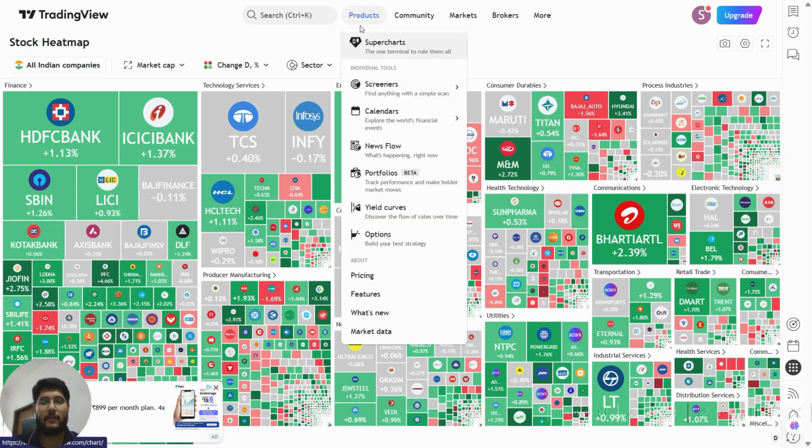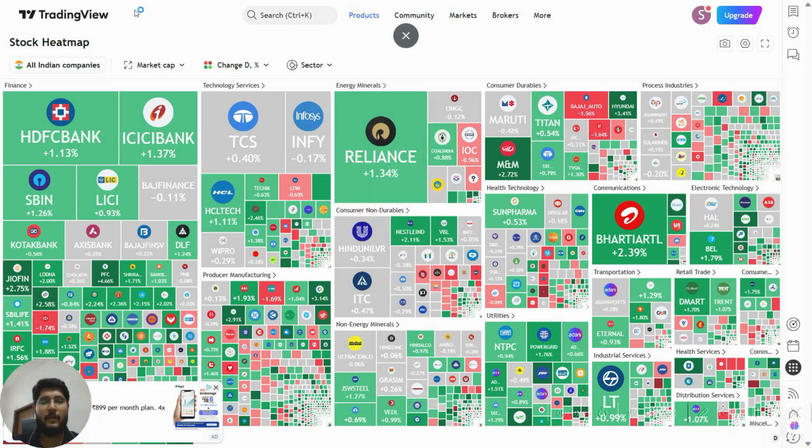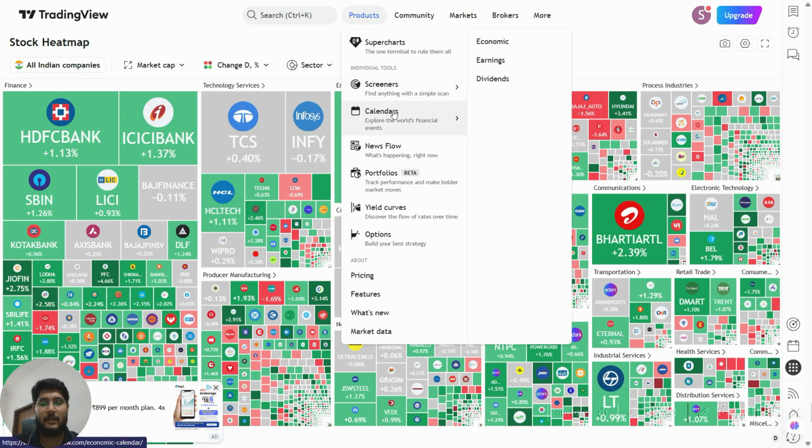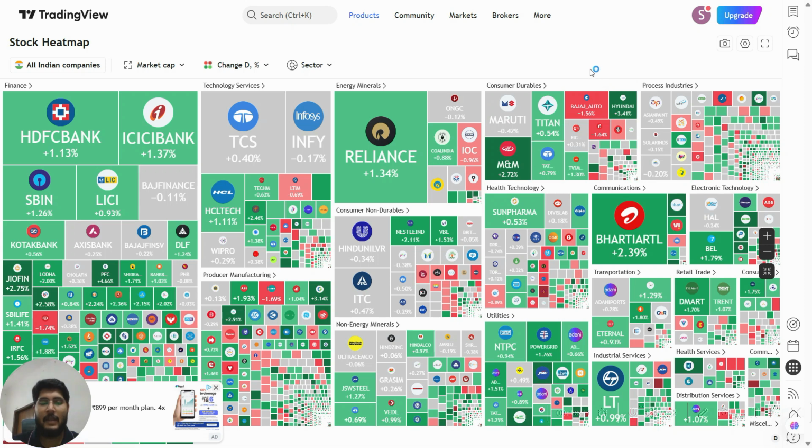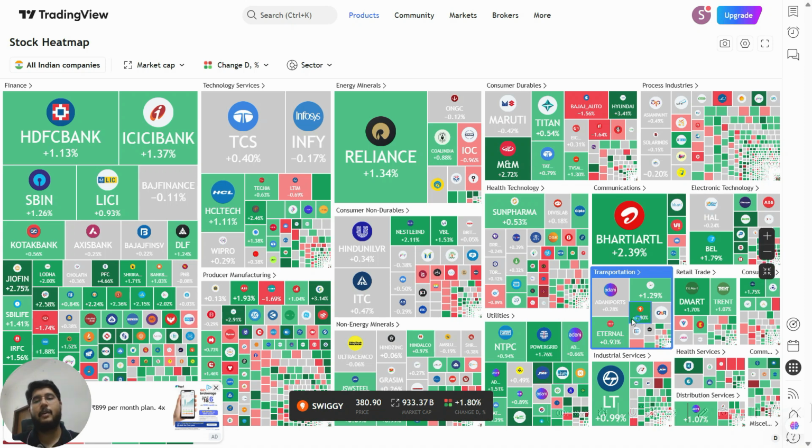How do you go to here? It's simply go to TradingView, products, go to screeners and stock heat map. Another very important thing that I realized of this stock heat map is you can track multiple of these stocks which are already sorted out for you.